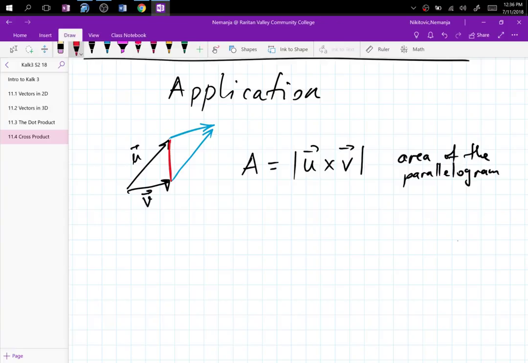That will define the triangle in space, and the area of the triangle would be 1/2 of the area of the parallelogram.